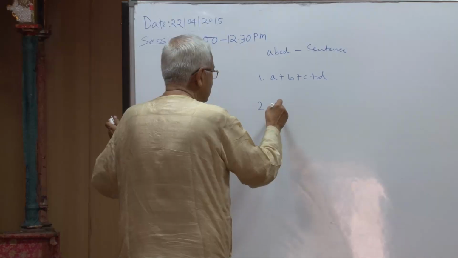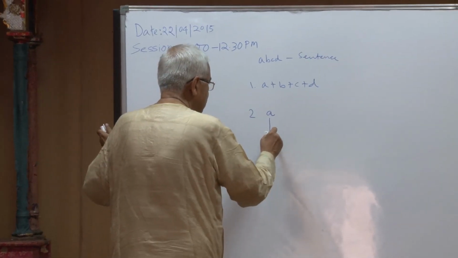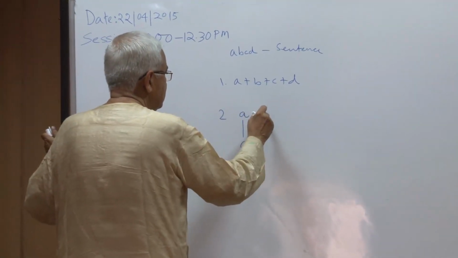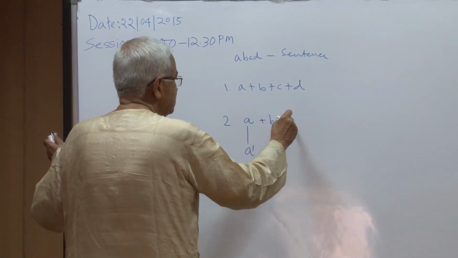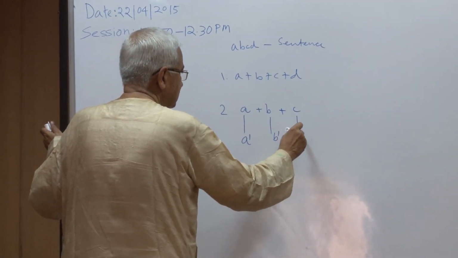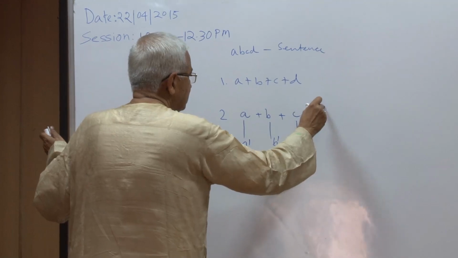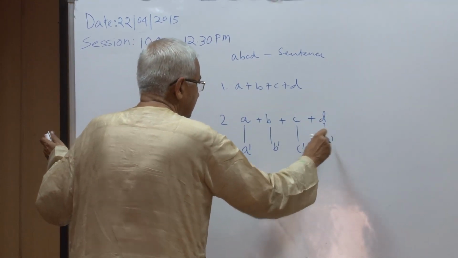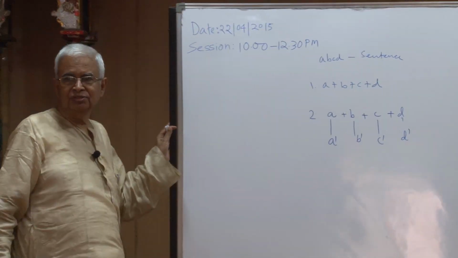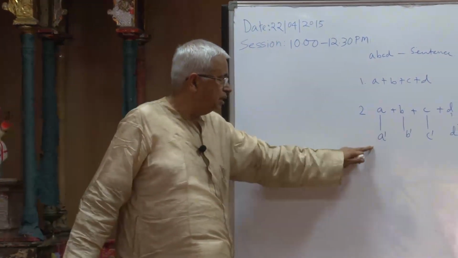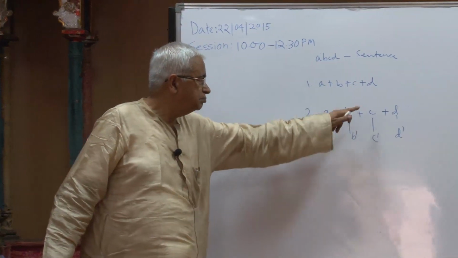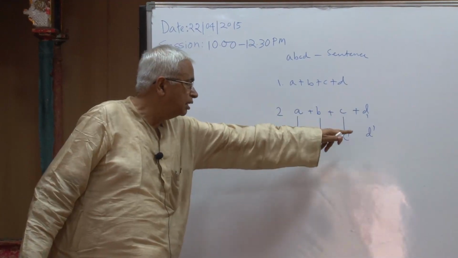From A, he will remember its meaning. From B, he will remember its meaning. From C, he will remember its meaning. And from D, he will remember its meaning. This is the second stage. So, pada, padartha, pada, padartha, pada, padartha, pada, padartha.